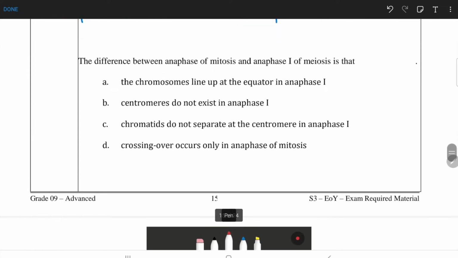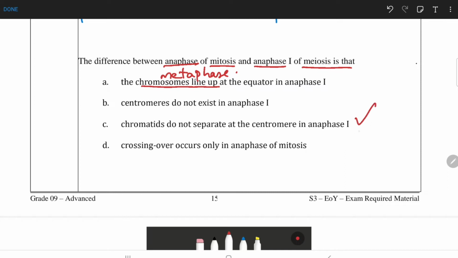The difference between anaphase of mitosis and anaphase 1 of meiosis is that the chromosomes line up. No, lining up is metaphase. Remember, the chromosomes lining up is metaphase. Centromeres do not exist in, no. Chromatids do not separate at the centromere in anaphase 1.